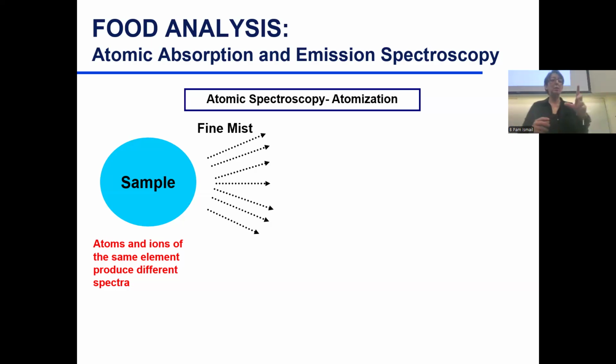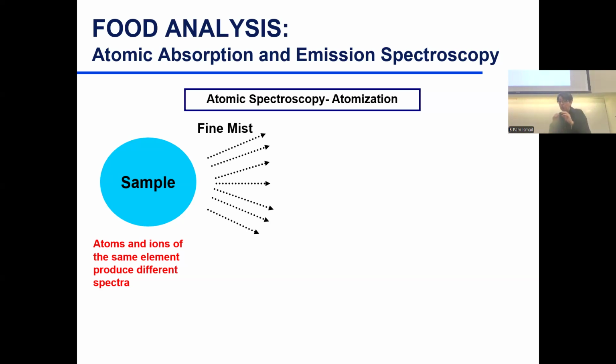So you have a sample, that's why it's in blue. You have an aqueous sample now, an acidic aqueous sample with your minerals in solution. So the first step is you put your sample and it goes through a nebulizer. So it gets sucked in a tube into a nebulizer that converts the liquid sample into mist.